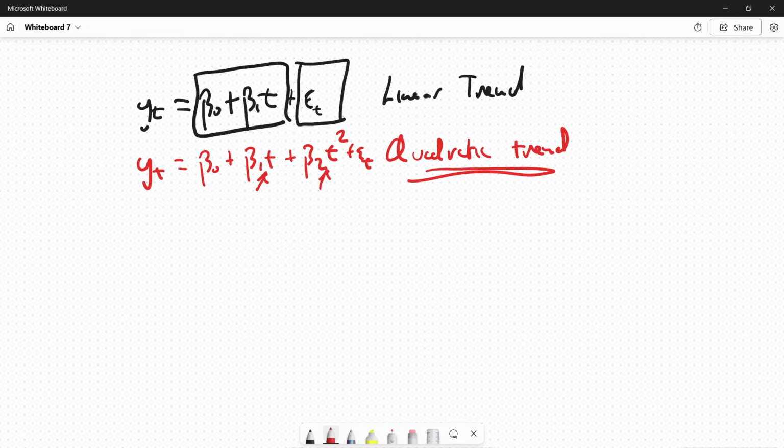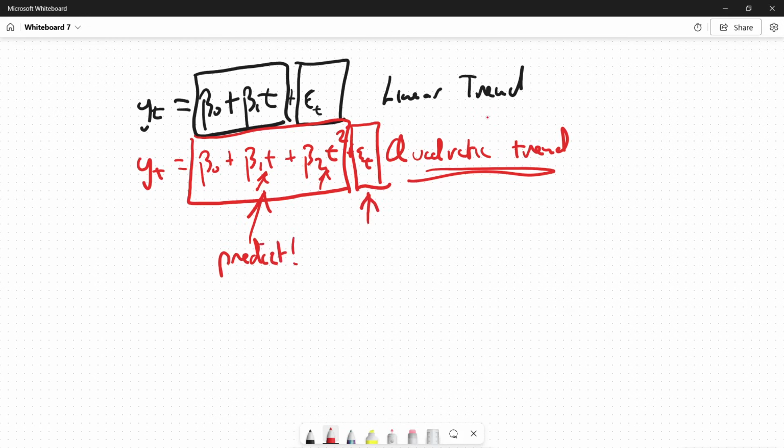It's very important in each case to predict the predictable part of the data as well as possible, because the predictable part is going to give you your prediction, your point forecast. The unpredictable part is going to give you your confidence interval.